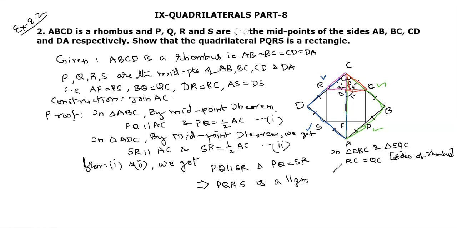Then angle 1 will be equal to angle 2 because the diagonal of a rhombus bisects the angles at each vertex, meaning it divides them into two equal angles.